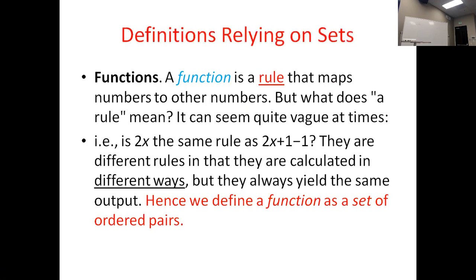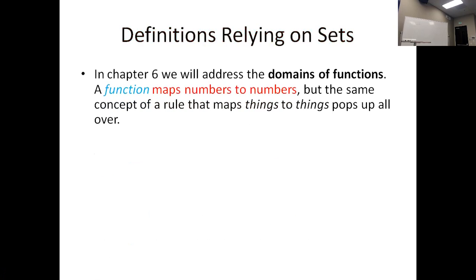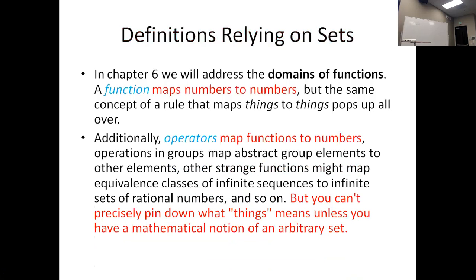Hence, we define a function as a set of ordered pairs. I will talk about them more clearly as we go further in our textbook. In chapter 6, we will talk about domains of functions. A function maps numbers to numbers, but the same concept of rules that map things to things pops up all over.